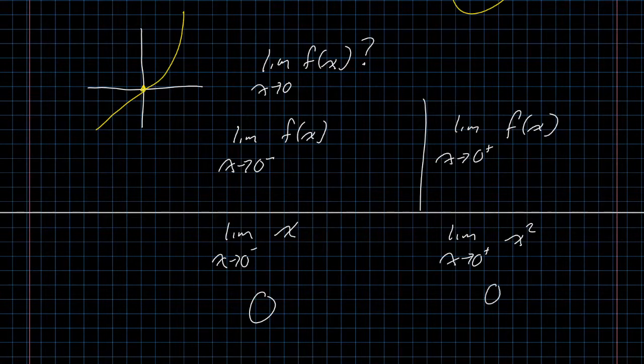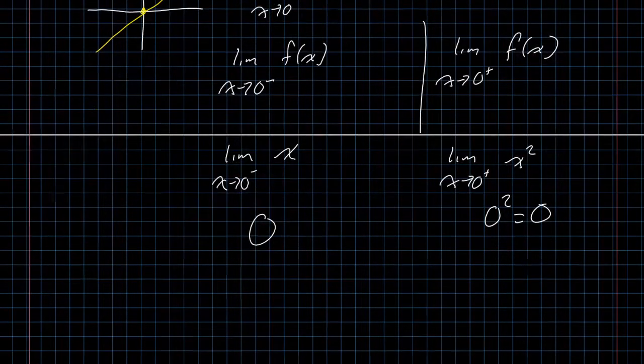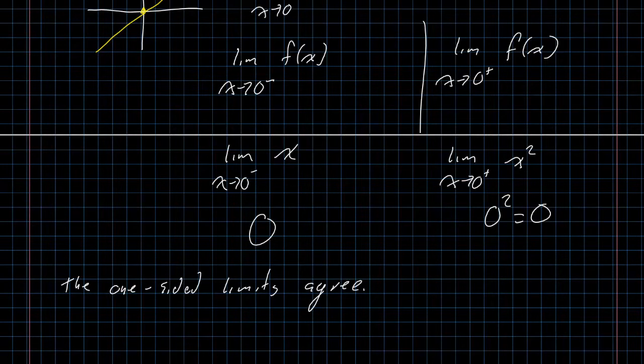So in this case, 0 squared, which is 0. Right? And these agree. So the limit as x approaches 0 of this function is in fact equal to 0.